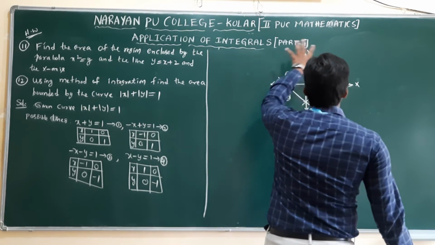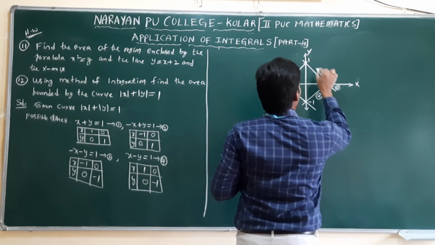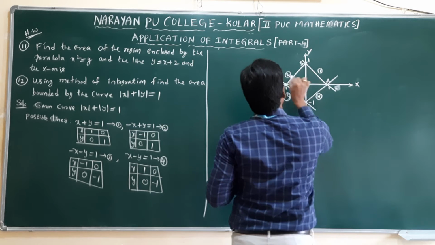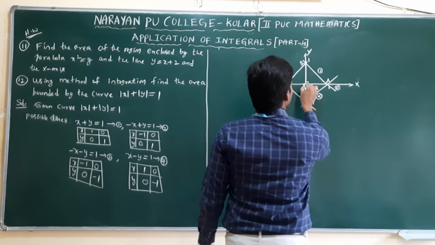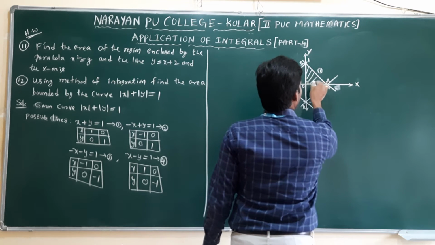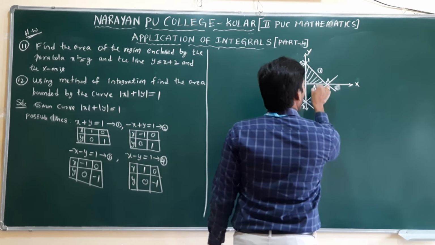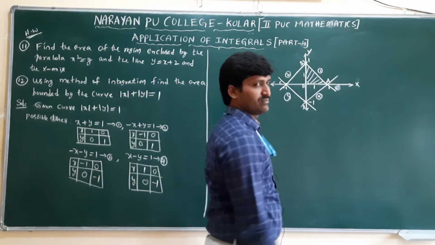Now we need the complete region, but each region is symmetric with the other one. So A, B, C, D, and this is the center O. I will find this one region. This is a right angle triangle. What is the base? 1. Height also 1.